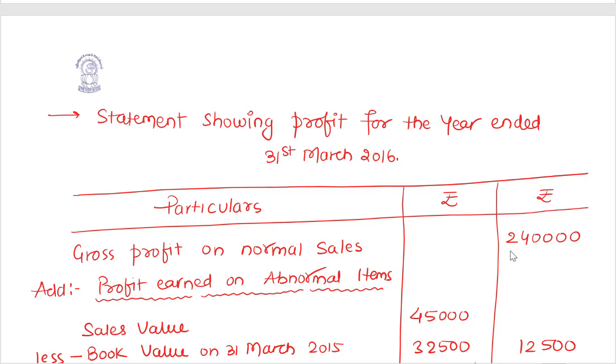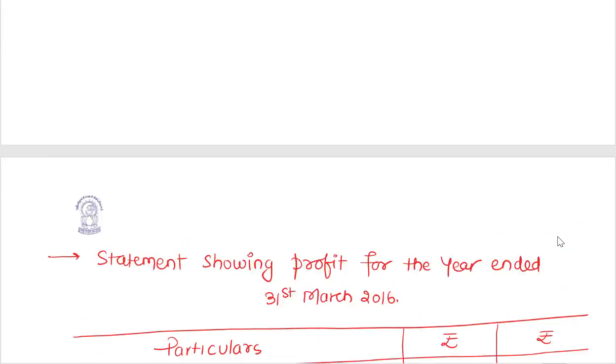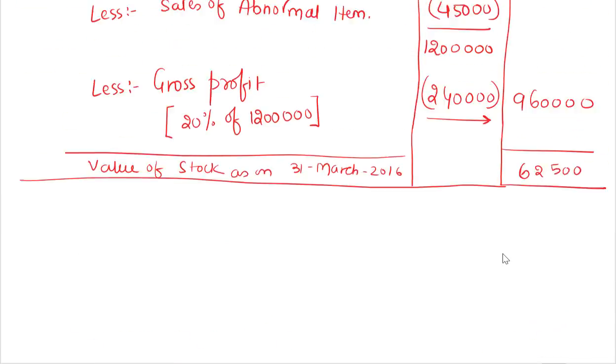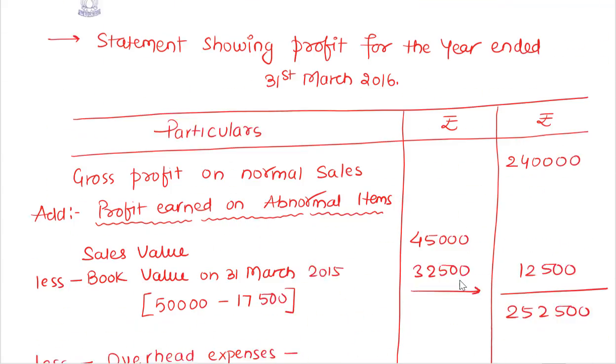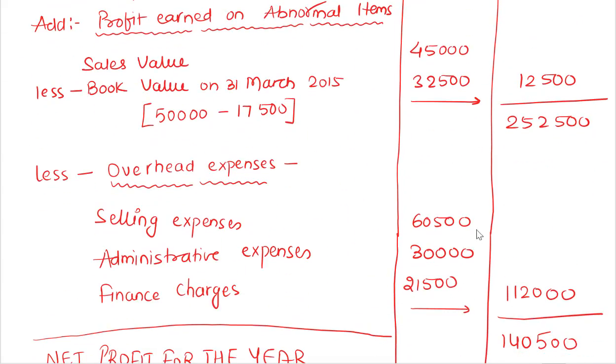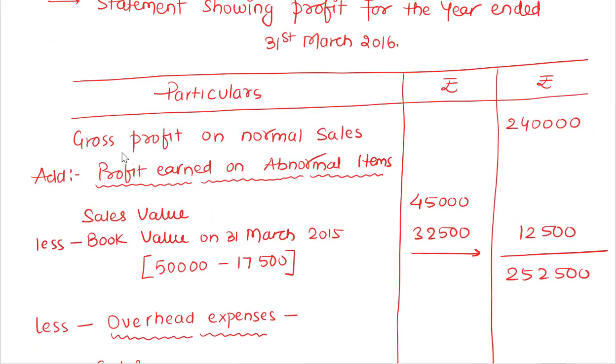On the same lines, we made the statement showing profit for the year ended 31st March 2016. We wrote the gross profit on normal sales that we had calculated in the previous part, 12 lakh multiplied by 20%, that is 2,40,000. To this gross profit, we add the profit earned on abnormal items.